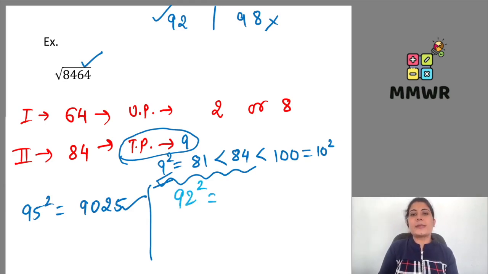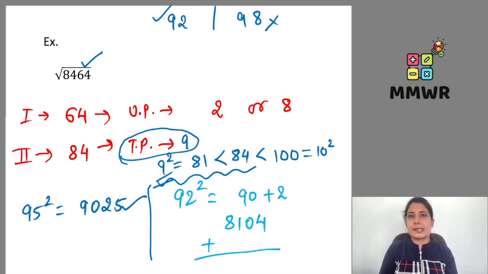So we have to find out the square of 92. That means 90 plus 2. So 90 gives me 8100. 2 gives me 4. So 8104 plus 2 multiply 90 multiply 2 gives me 360, which gives 8464.